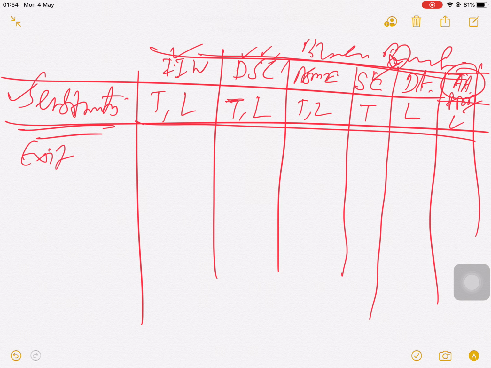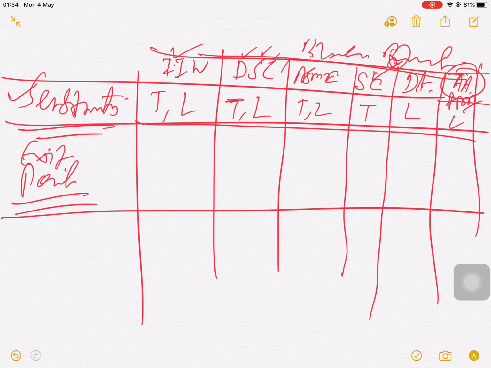Like if I take exit point, for the verification of the exit point, then for the IIW only transverse wave, for DSC only transverse wave, ASME we are not taking, in SC also no. Okay, for the exit point we are taking only from IIW and DSC.